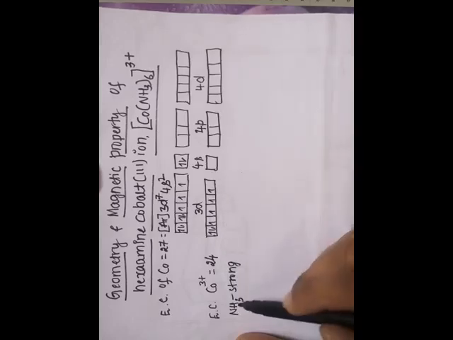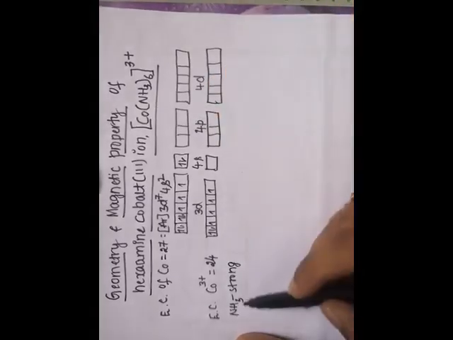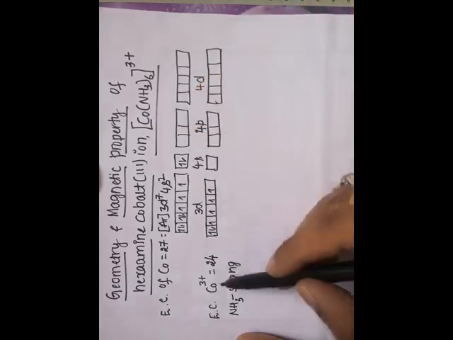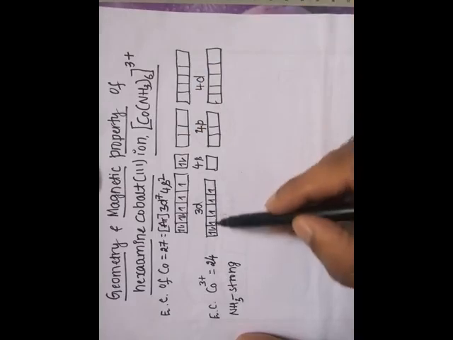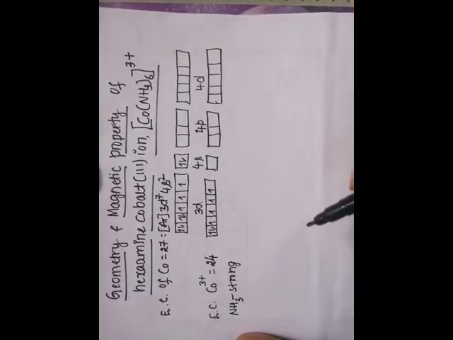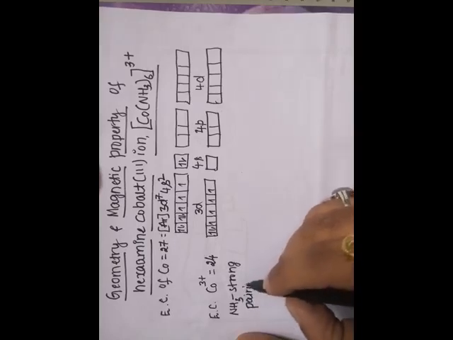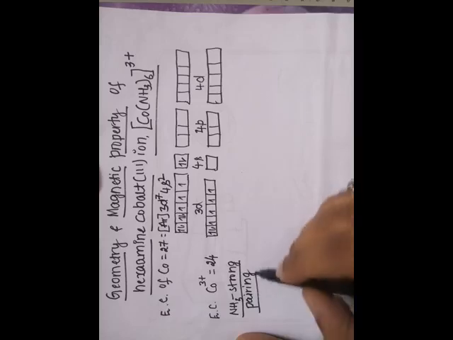Therefore, in this hexaamine cobalt ion, when the ammonia ligands approach the cobalt ion, the unpaired electrons get paired up. In the presence of the strong ligand ammonia, pairing takes place.